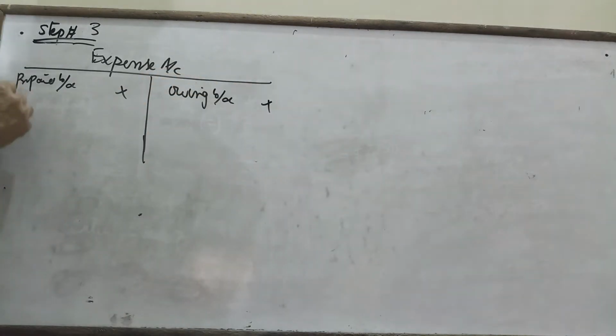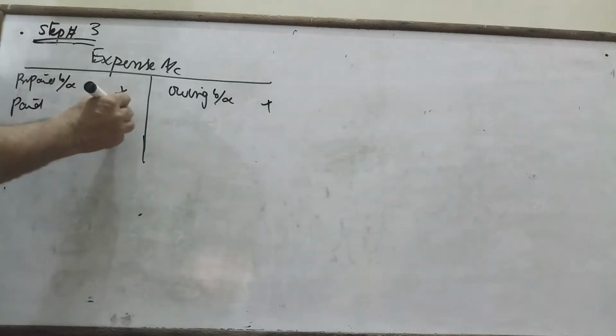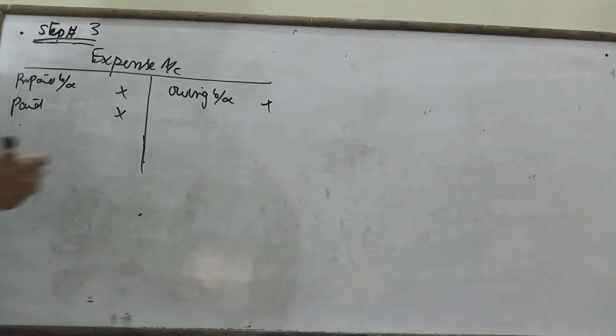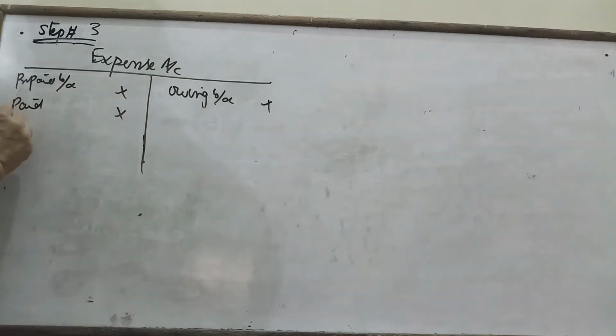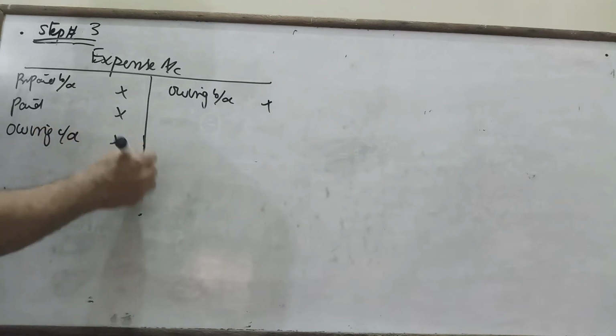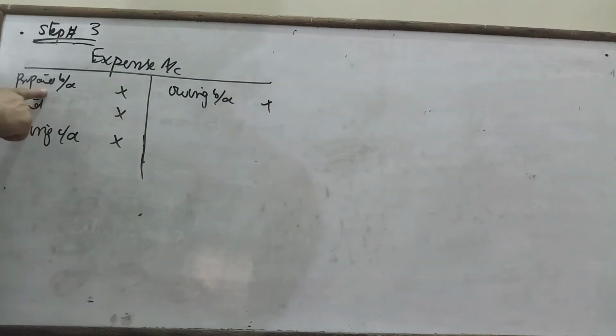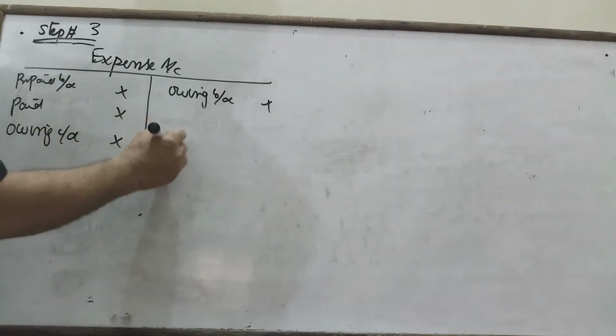Expenses paid during the year always come on the debit side, right? Prepaid b/d, owing b/d and owing c/d. Owing means accrued c/d comes on this side. Okay, prepaid b/d comes on this side, and the prepaid c/d.